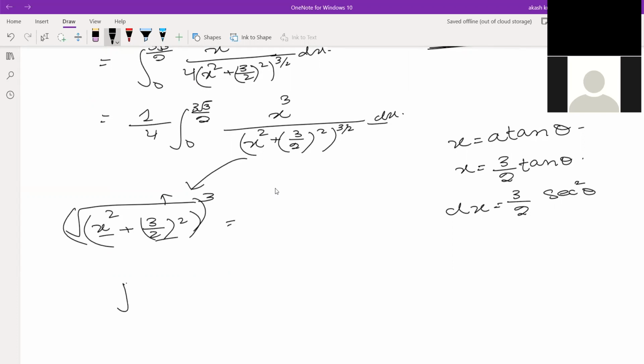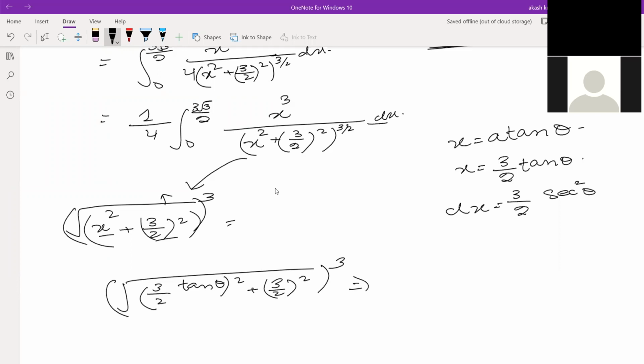Now instead of x, I can write 3/2 tan theta whole square plus 3/2 whole square, cube root. So it becomes 9/4 tan square theta plus 9/4, and then there is a cube root.